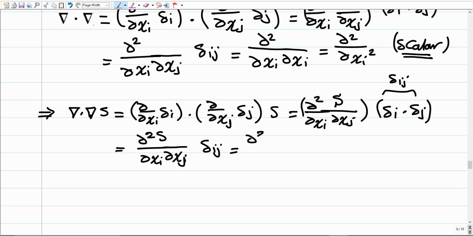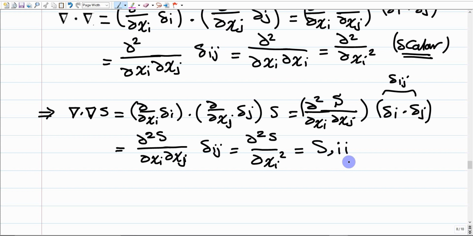So we're going to end up with the second derivative of s with respect to xi squared. It means that it is fine to write this as s, which is the scalar, comma ii. Comma ii means that, if we decided to use the comma, we are going to do a double derivative of the scalar quantity with respect to xi.